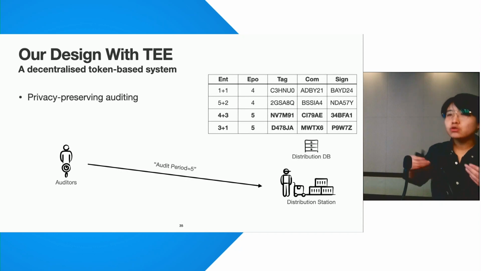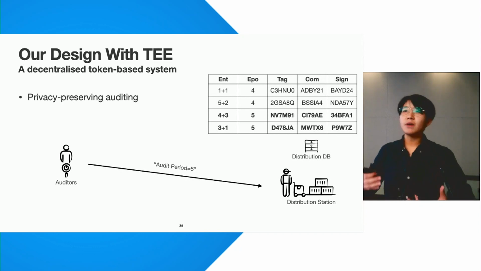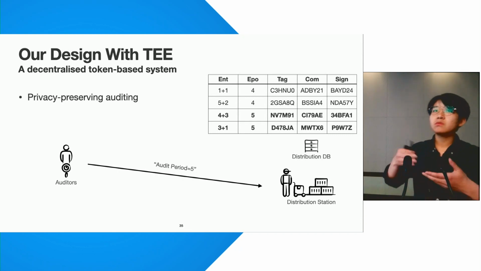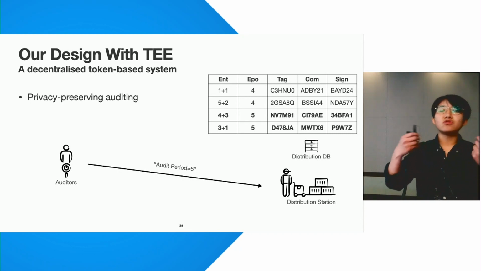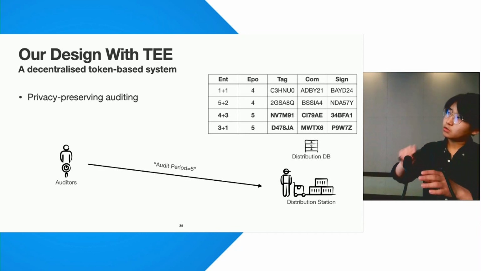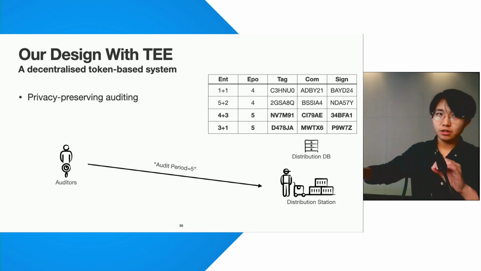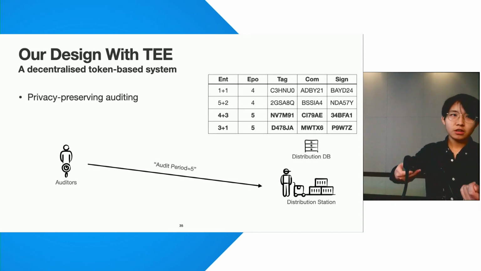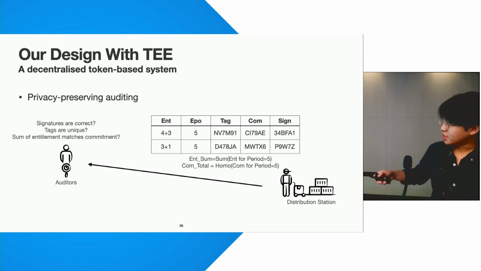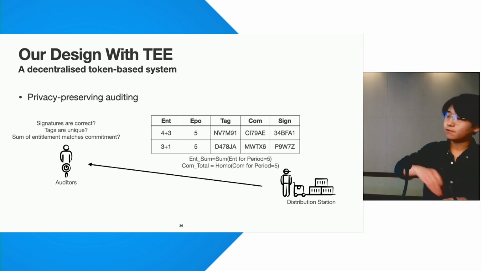And to make sure it is privacy preserving, we minimize the data disclosure by sending aggregated data. Because remember that the auditor does not need to know about the information of, for example, the entitlement of each distribution. It only needs to know the sum to cross-check with the warehouse. So the distribution station will compute first the sum of the entitlement using all the records that are in this period.